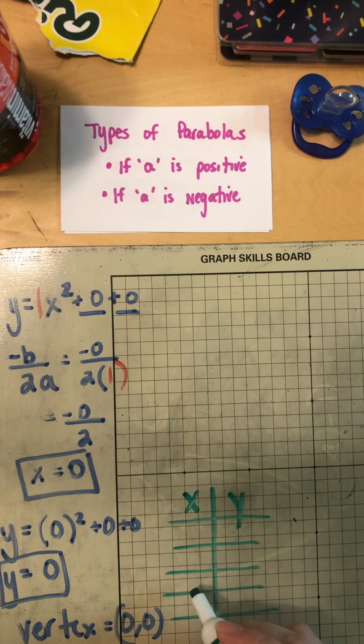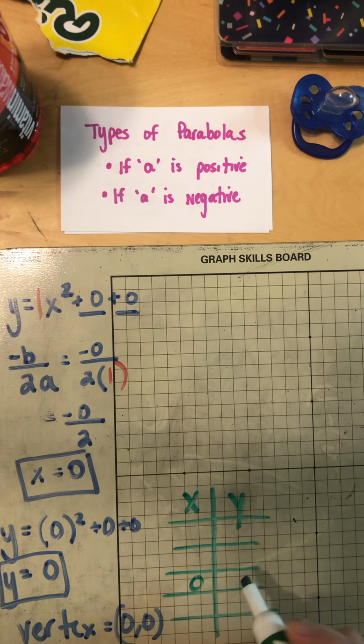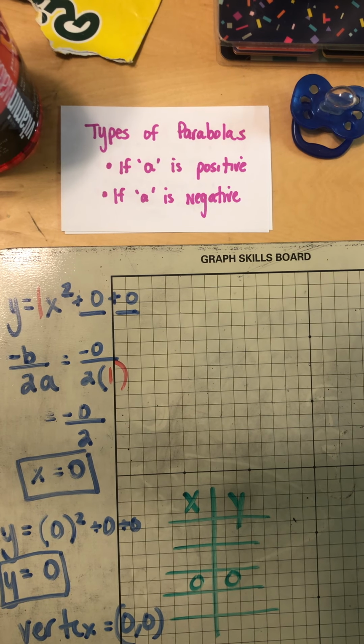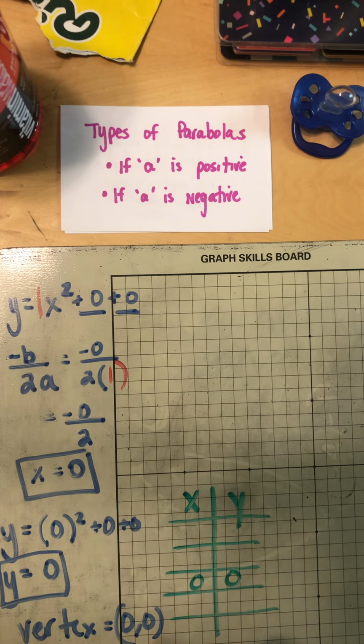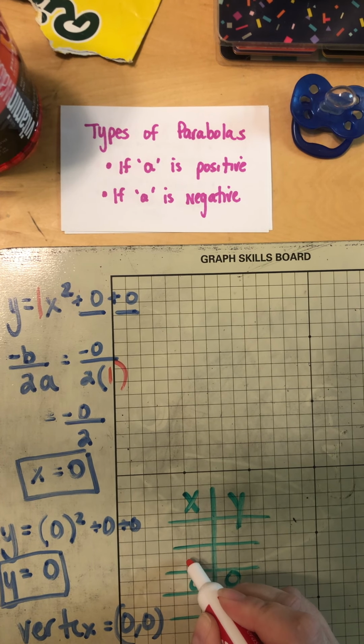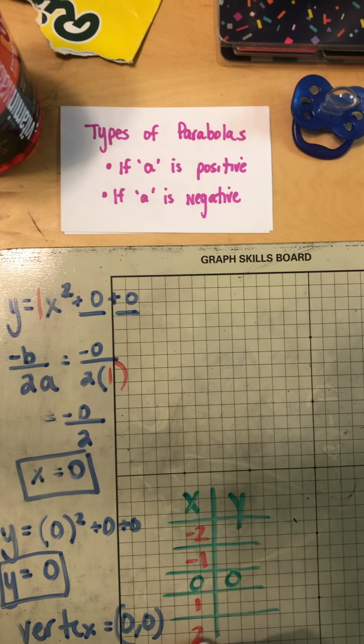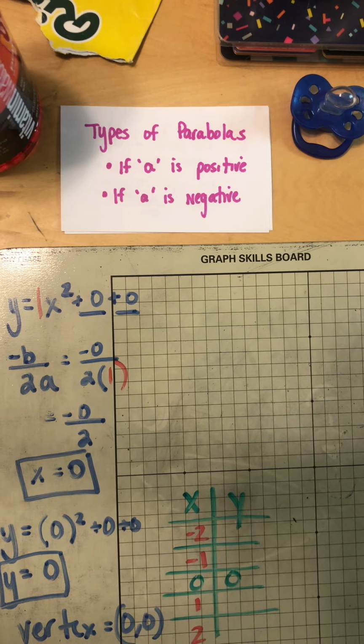Now you are going to take your calculator and plug in some other values. You're going to go smaller up here, so 0, and then smaller than 0 is negative 1, negative 2. Bigger than 0 is going to be 1 and 2, and these are the ones you're going to put on your calculator.